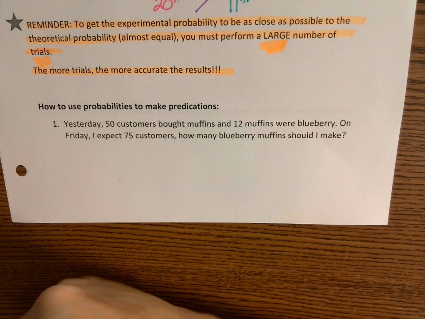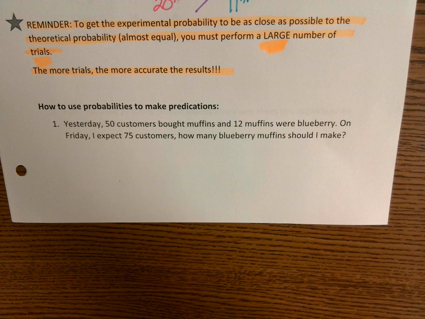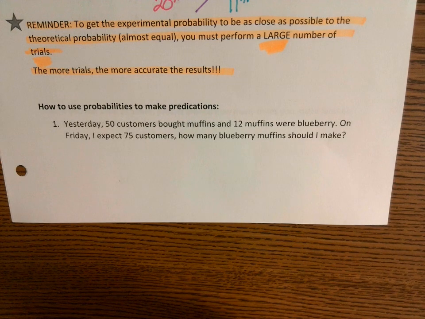Guys, this is a very common concept. When you are a store owner or a restaurant owner, you have to look at what are you selling? How many people came through your storefront that day? How much of this specific item did you sell, so that you can prepare to sell more of that stuff based off of how many customers you expect through a trend. So if I know that Wednesday's my slow day, I'm only going to take out 20 pounds of fish.